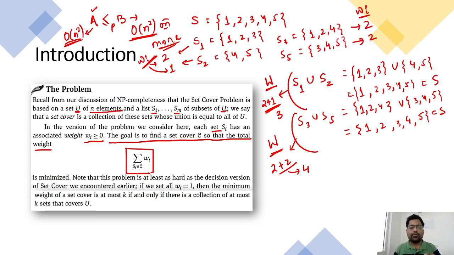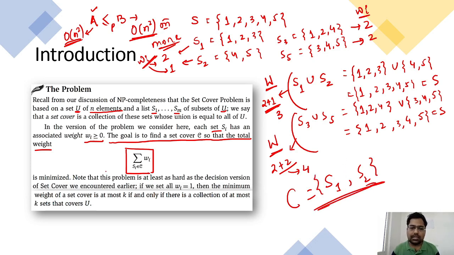Why? Because Si represents the subset which we have picked, the subset belonging to the set cover. If the set cover is S1 and S2, this is your set cover.